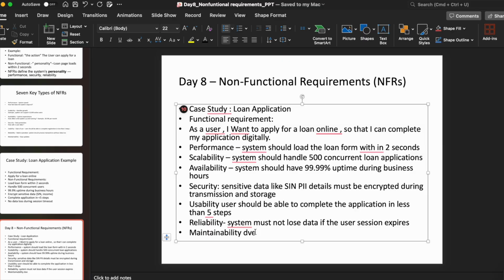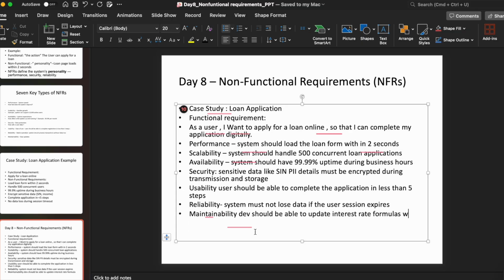Developer should be able to update interest rate formulas without system downtime. Okay. So that's how you think of a non-functional requirement for a real business case. Okay. Perfect.